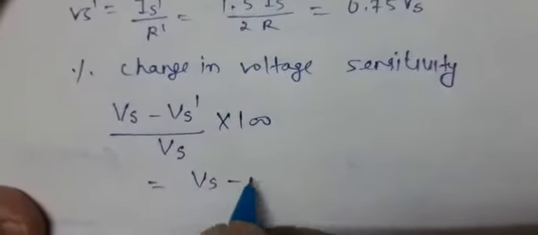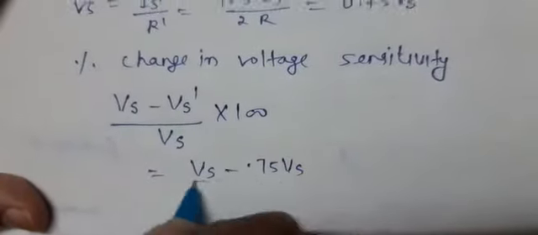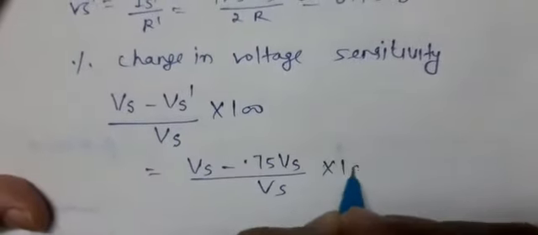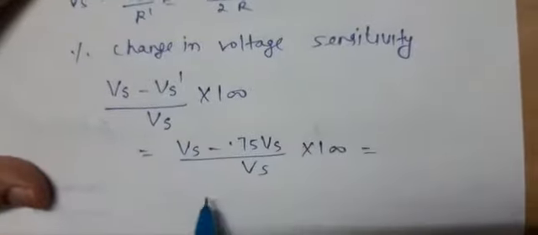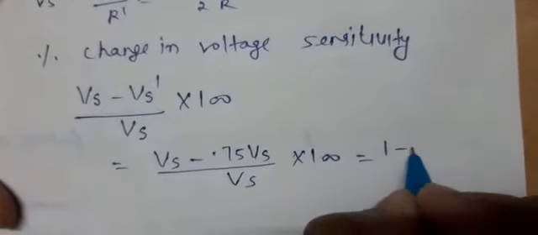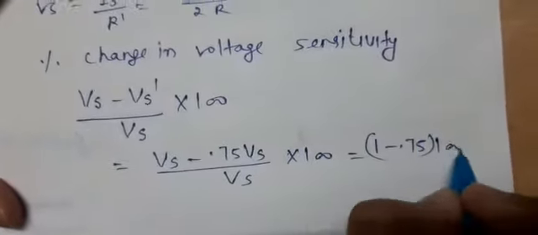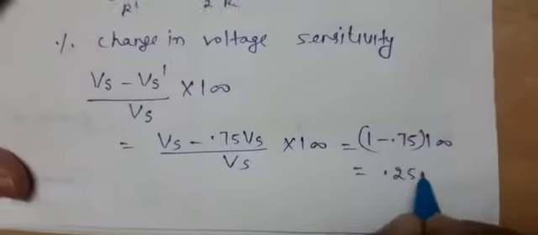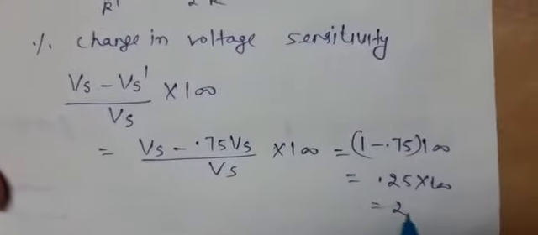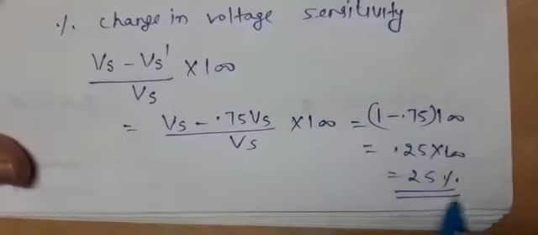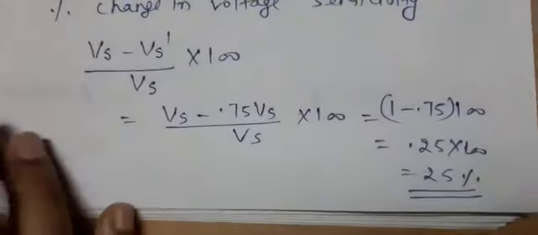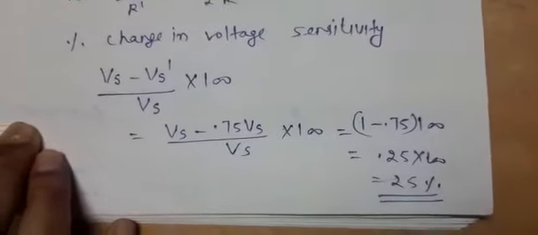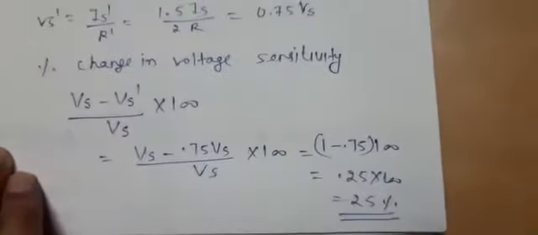So VS minus 0.75 VS upon VS into 100. Taking VS common, we get 1 minus 0.75 into 100, because VS will cancel out. So 1 minus this is 0.25 into 100. Here we are getting 25%. So this way we have calculated the change, that is a decrease in voltage sensitivity.